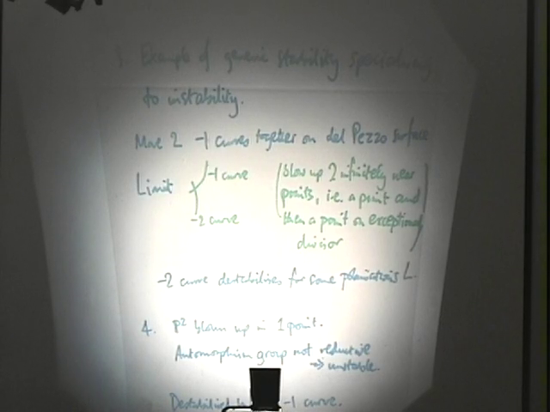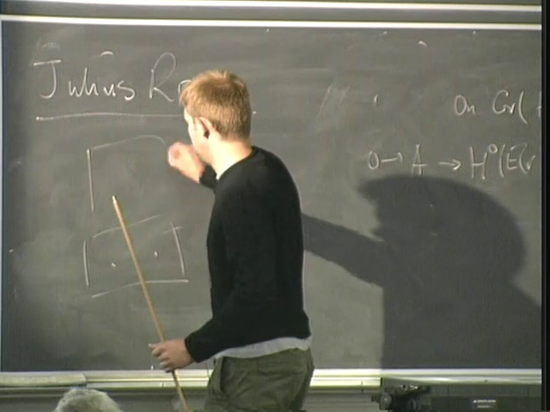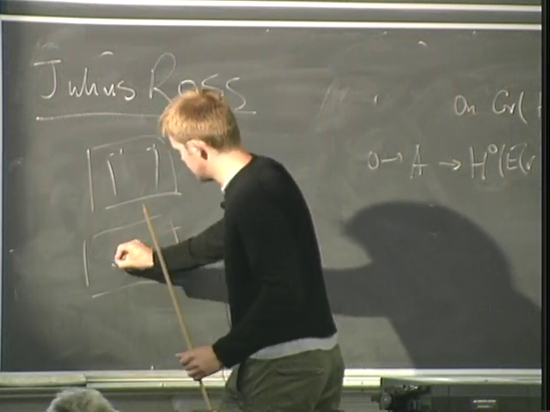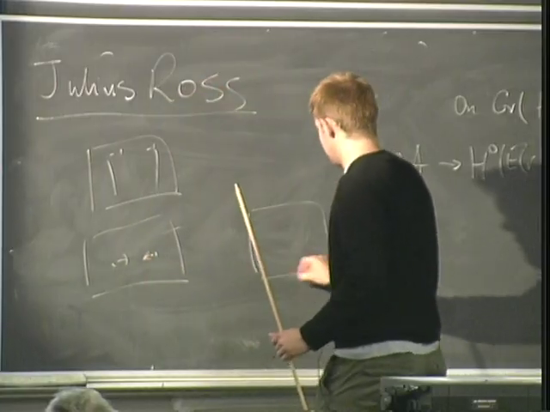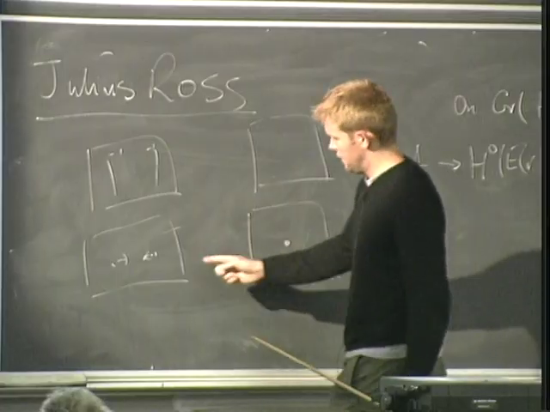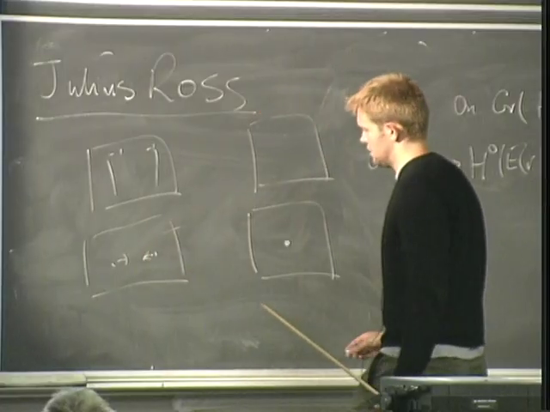So you take a del Pezzo surface with 2 points on it, blow them up. So these are -1 curves. Now move these 2 points together. What the limiting variety looks like is the following. You blow up just 1 point, so the limit of this degeneration here.